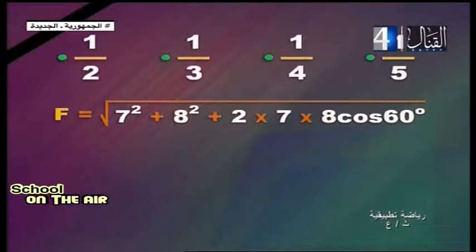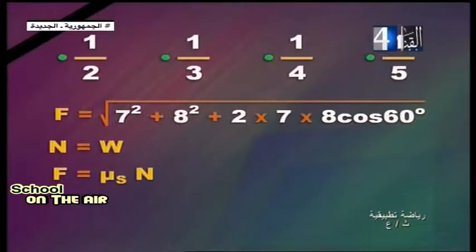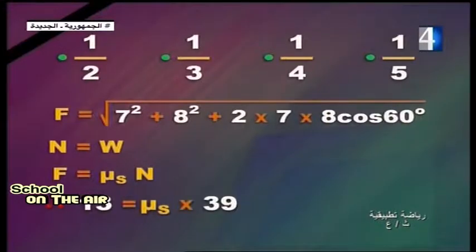Then by using a calculator, we find the value of F. We know that N equals W, the normal reaction equals the weight, and F equals mu s N. By substitution, we deduce that 13 equals mu s times 39. F equals 13, from the two forces which act on the body, 7 and 8. The value of F equals 13, but the weight of the body is 39.